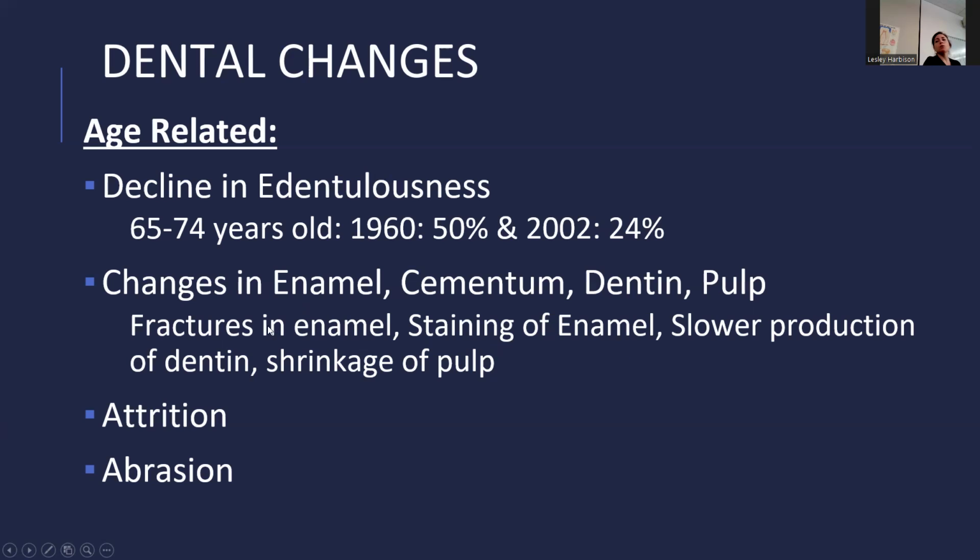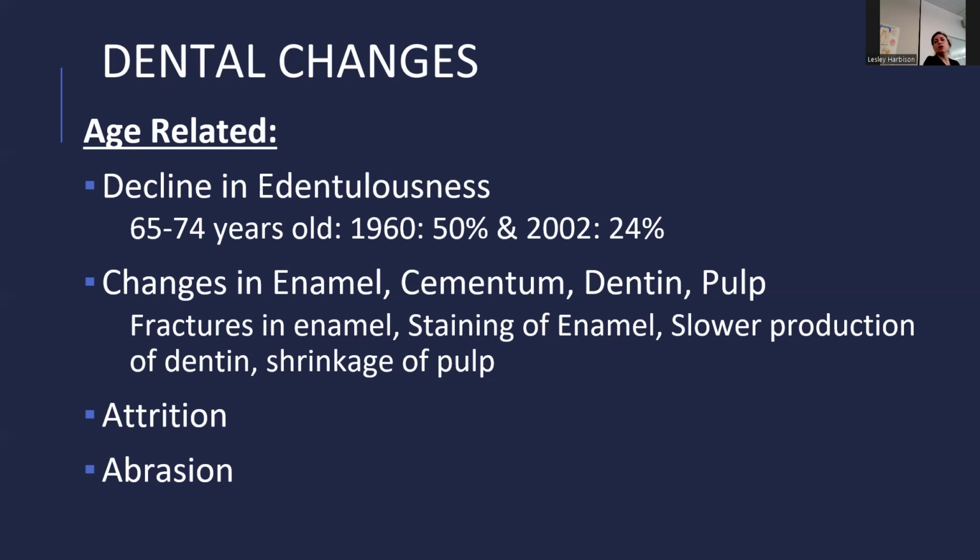But in general, what we see is everybody gets more fractures in their enamel, and teeth tend to get more translucent and more stained, just because you had a lifetime of drinking wine or coffee or tea or eating lemons or whatever it is that you do, and then your teeth have functioned for 70 years or whatever, and so you get these microfractures.